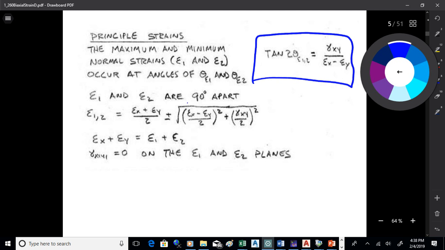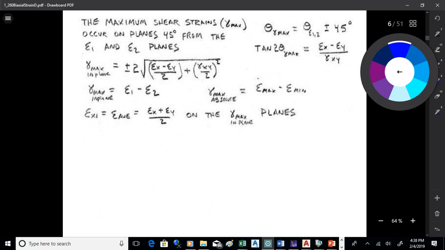The other one will be 90 degrees apart from it. The shear strain at that angle will be 0. The maximum shear strain will be 45 degrees off of the principal normal strains. The normal strain at that angle will be the average normal strain.